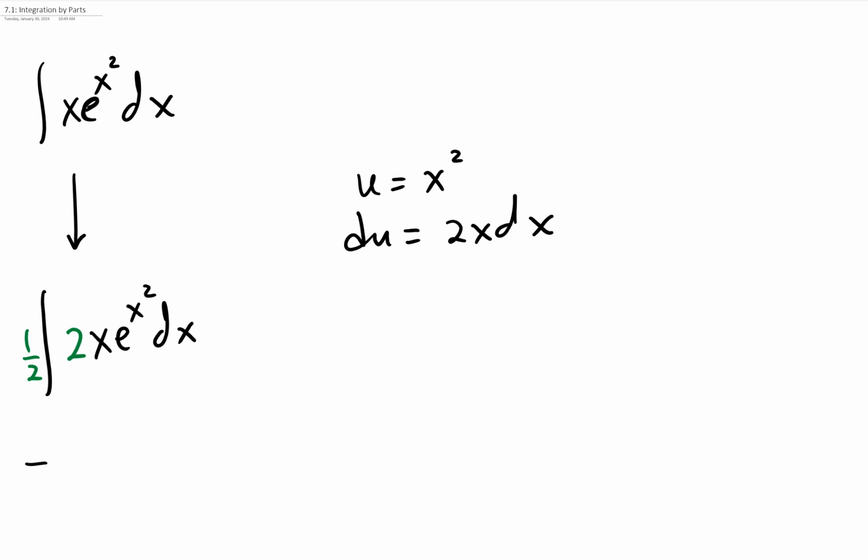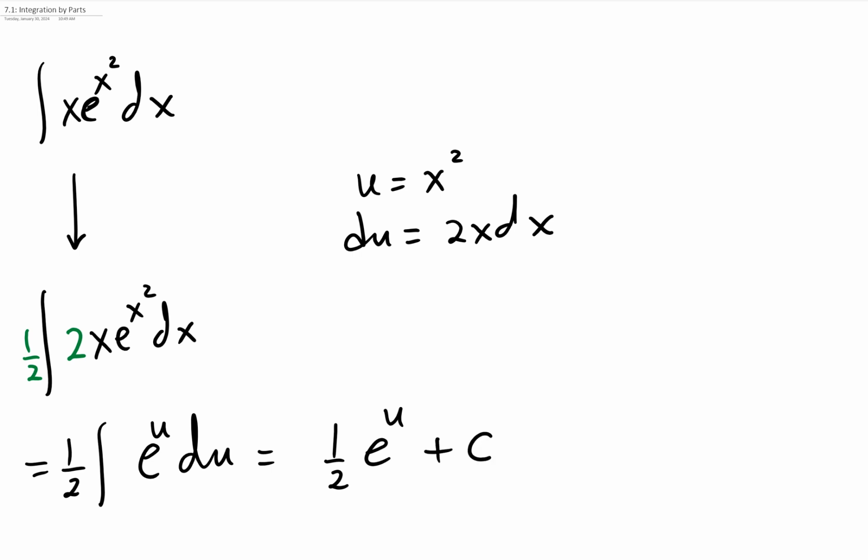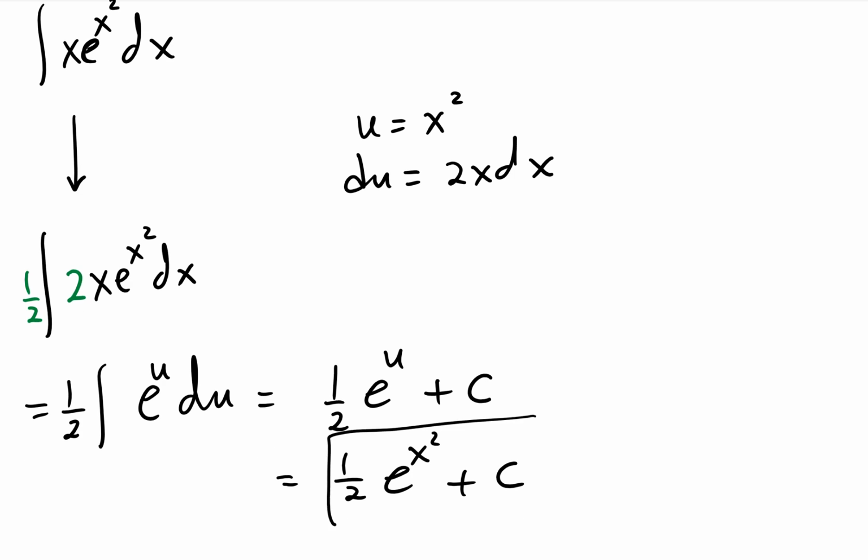So this becomes 1/2 e to the u du, so 1/2 e to the u plus c, which is 1/2 e to the x squared plus c. So that would be fine.